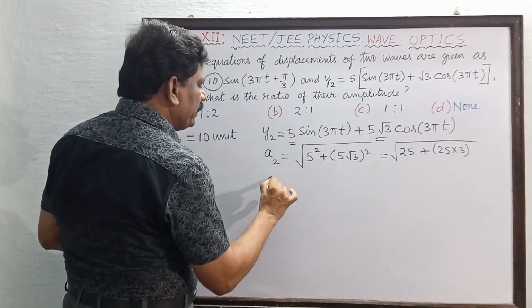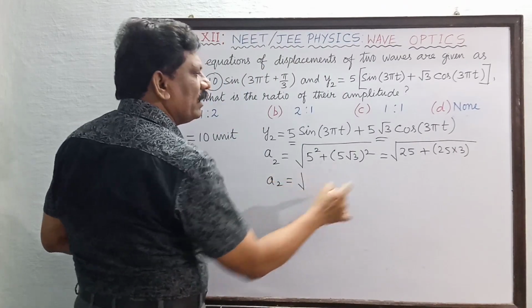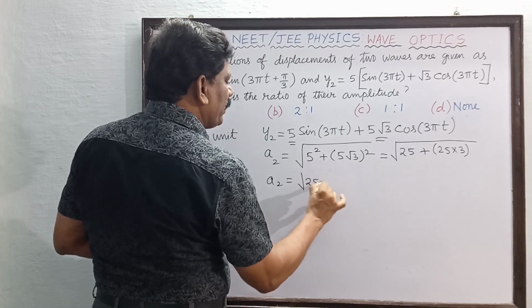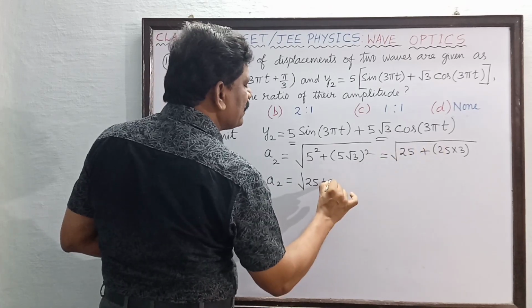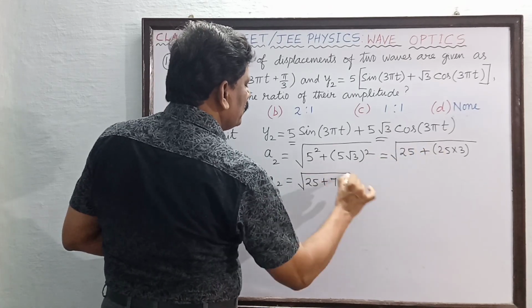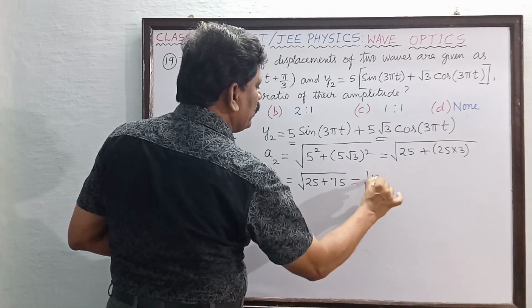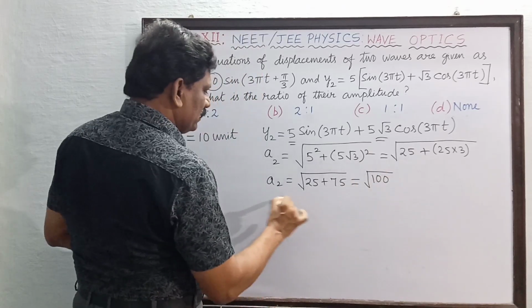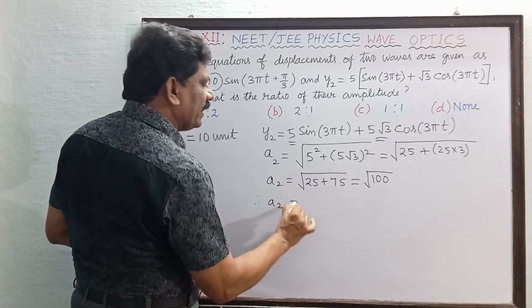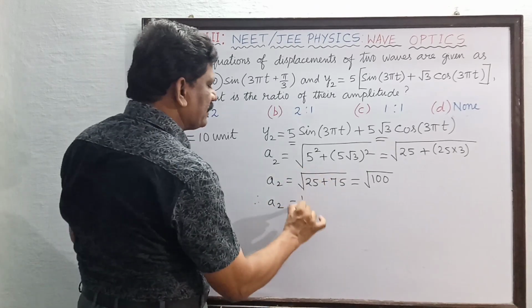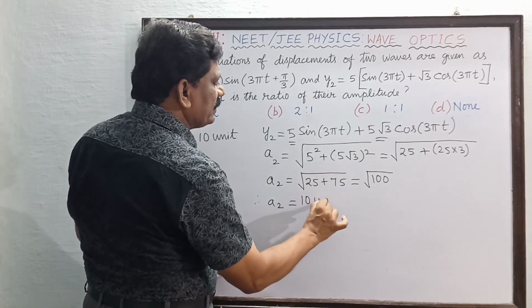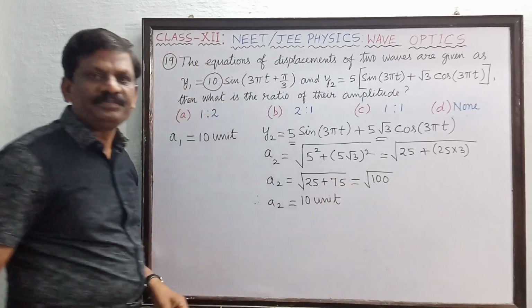So A2 is equal to square root of 25 plus 75, which is square root of 100. Therefore, A2 is equal to square root of 100, which is how much? 10 only. So this is also 10 unit.